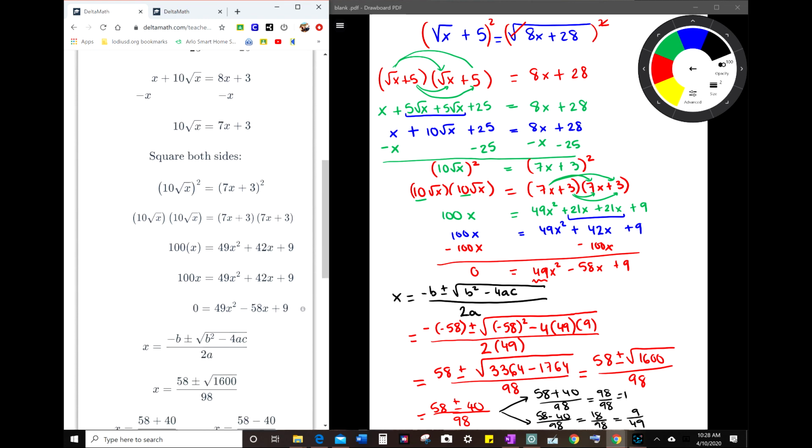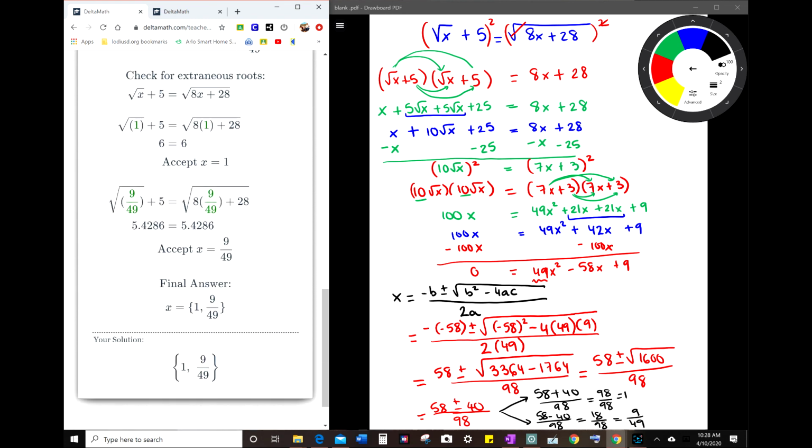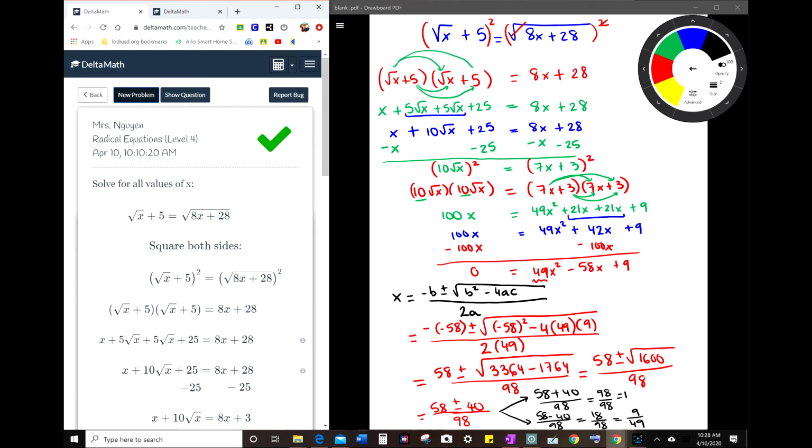Okay, so everything is right. All right. Hopefully this problem helps you understand more about how to solve radical equations, and you can start on this concept.